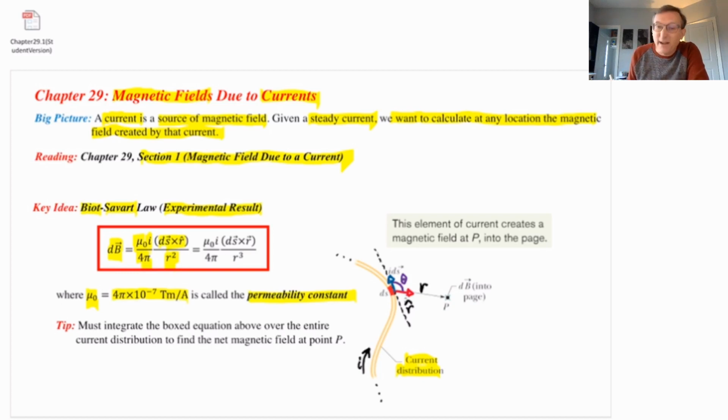Now let me just point out another way you'll see this result written. And it's based on the fact, I'll write this over here to the right, that the unit vector r hat can be expressed as a vector r arrow over the magnitude of r arrow. Now the vector r arrow would point from the element ds all the way to the point P. And that would be r arrow.